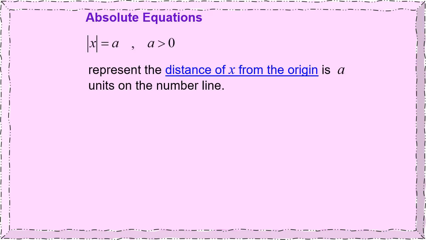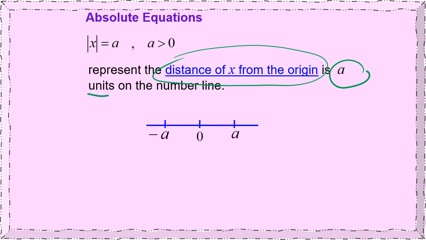Absolute equation. Absolute x is equal to a, where a is more than 0, represents that the distance of x from the origin is equal to a units on the number line.